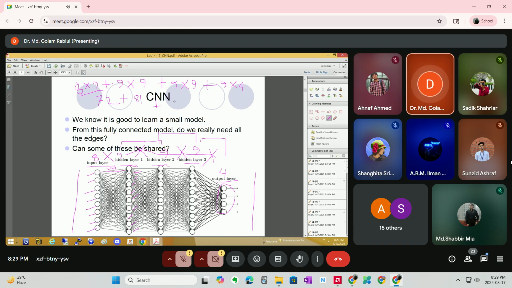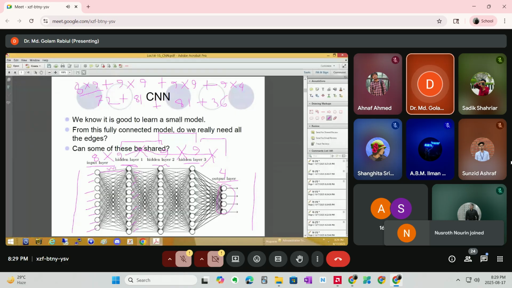So here is 81, here is 81, plus this one is 9 times 4, 36. So these are the total number of connections, and each and every connection carries a weight.